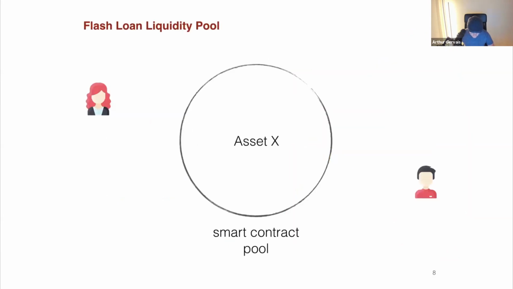If you look at it from a slightly more technical view, you can think of a flash loan as having a smart contract pool where users can deposit assets. For example, here Alice can deposit some asset X by adding liquidity.